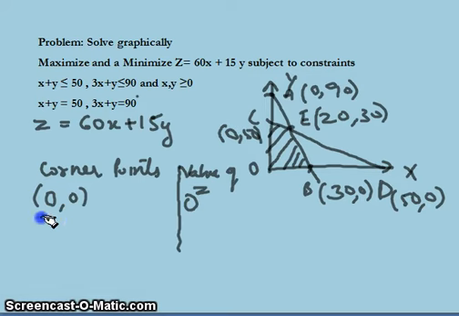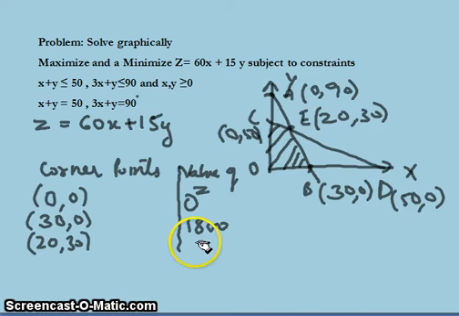The coordinates 30, 0, that is B, will have a value of Z as 1800. The coordinates 20 and 30, which represent point E, will have the value of Z as 1650, and the corner point with coordinates 0 and 50, that is point C, will have the value of Z as 750.